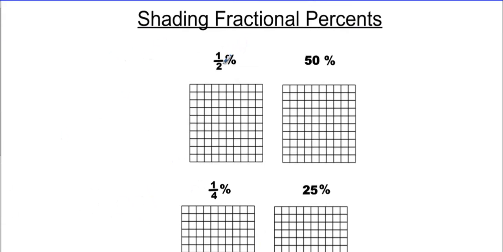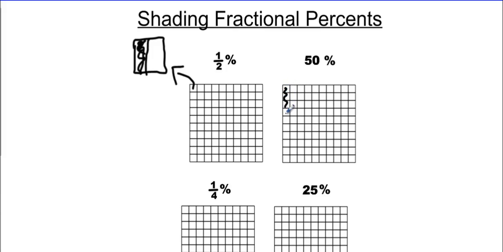Now, let's look at the difference, because people get messed up with these. They're like, well, half is 50%, so why wouldn't I shade 50% of it? Well, technically, yes, you are right. Half is 50%, but we are not shading 50% of the whole thing. We're shading 50% of just a percent. So look, we're going to make this big, like what we did before, and we're going to color half of it in, like that. Whereas in this one here, what we're doing is we're shading 50 blocks.